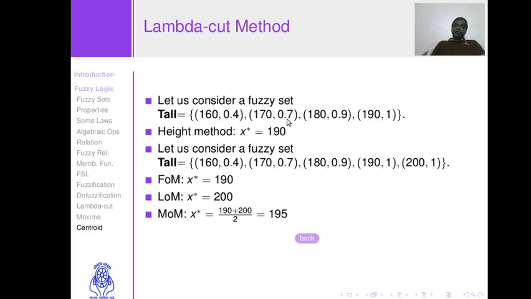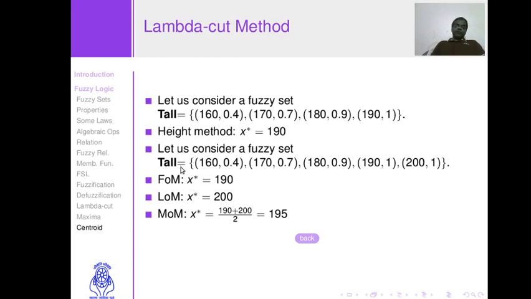For 170 it is 0.7. For 180 it is 0.9, and for 190 it is 1. So if you apply height method or max membership principle, then we get 190 centimeter as the output.